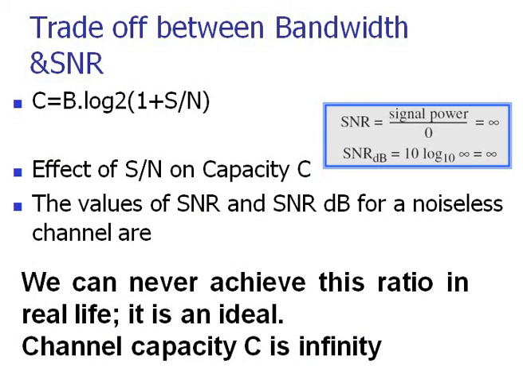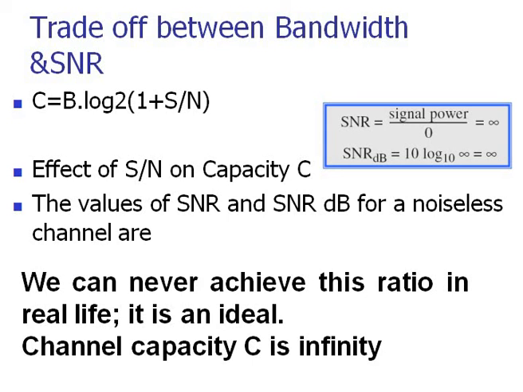Trade-off between bandwidth and SNR. As we know, C is equal to B into log 2 of 1 plus S by N, that is the signal to noise ratio, which will affect the capacity of the channel. The values of SNR and SNR dB for noiseless channels are infinity. We can never achieve this ratio in real life.